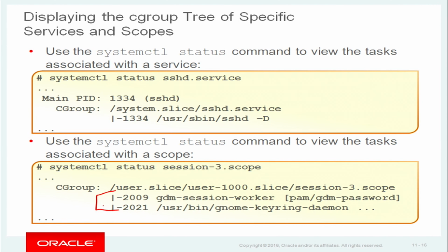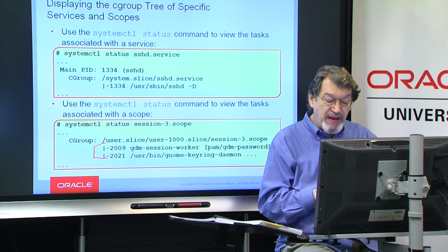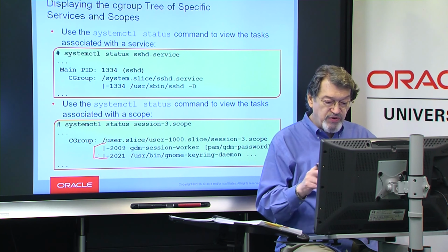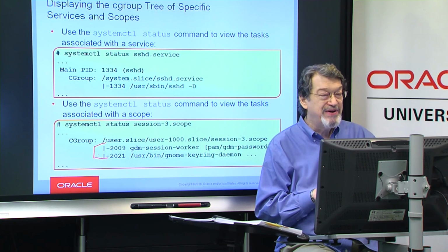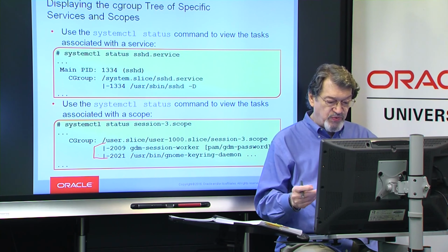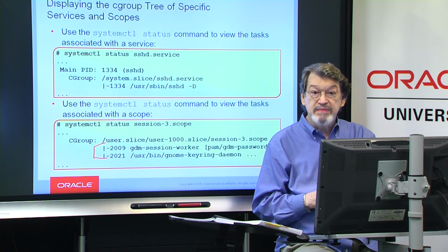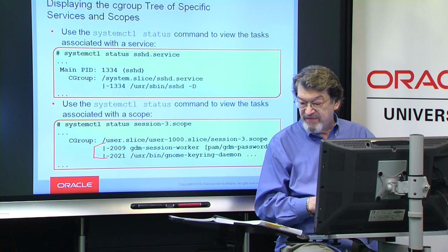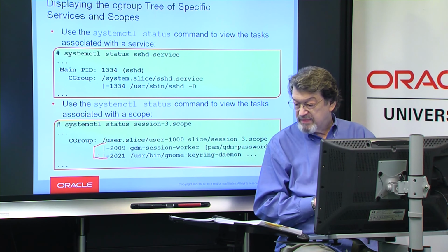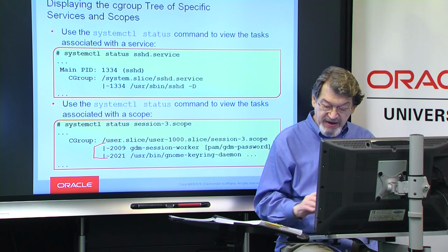In run level 5, the GNOME Display Manager, GDM, session worker, and notice that my good friend pluggable authentication modules, GDM password. There's also a GNOME keyring daemon, all right, that helps manage that environment. Tell you what, let's look at the back page of this. Let me escape the page.